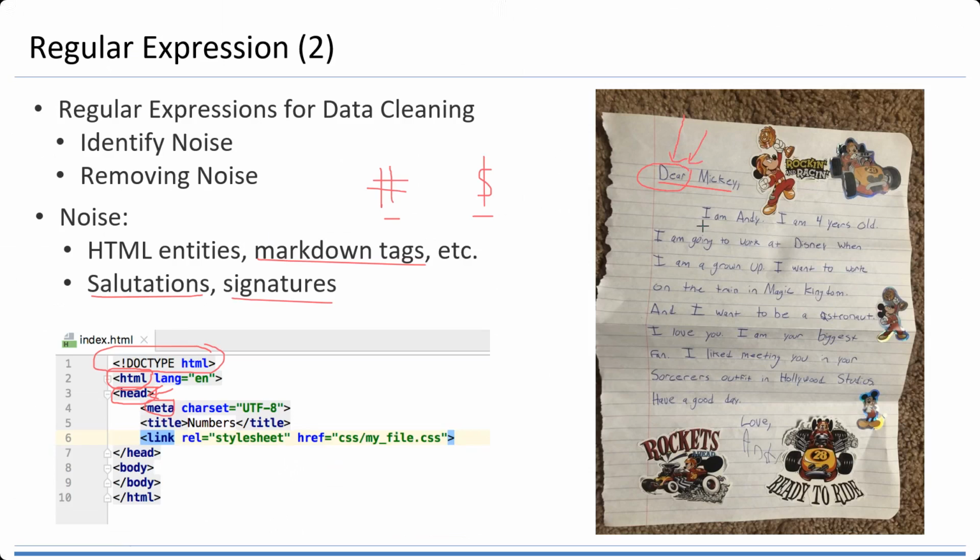This letter is from a kid to Mickey, and you can look at the structure, but now there are so many stickers. Here is a sticker, here is another sticker. If we want to analyze this letter, then it has some noise that might not be necessary. But when you capture it, all those texts will appear, so we need to remove this.